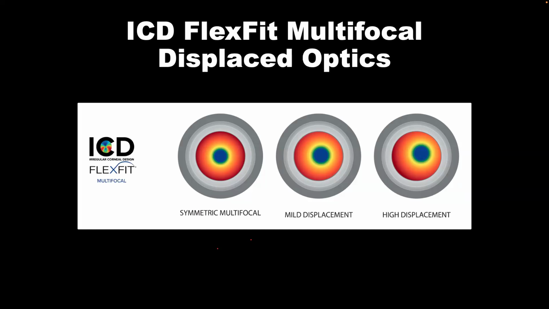But if we do not have centration, we can displace the optic zone for the multifocal part of the lens. As you see here, we have the symmetric multifocal, a mild displacement, and a high displacement of the optical zone. So you can say the lens is sitting inferior and temporal, and we need to recenter the optical zone for multifocal. This can be done, okay?